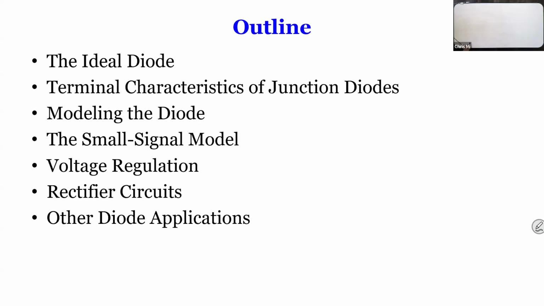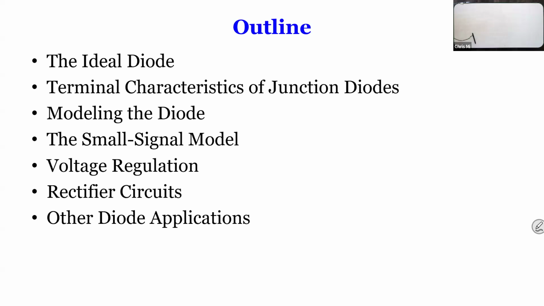So in this chapter, we're going to talk about initially ideal diodes, really ideal diodes. They only flow current in one direction. There's no voltage drop, and there's no current in the other direction. We don't talk about breakdown voltage and things like that.